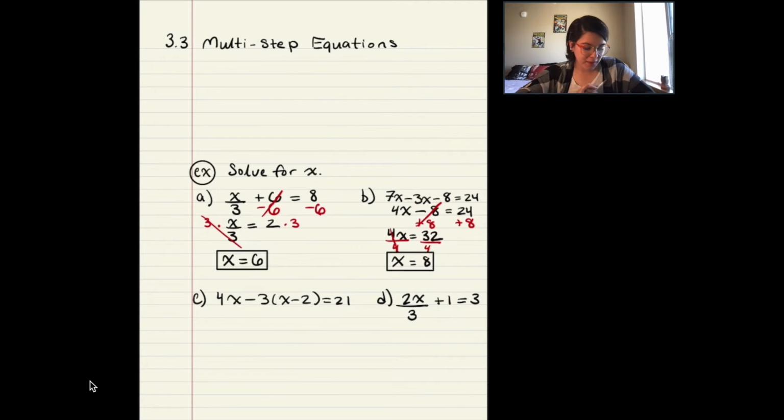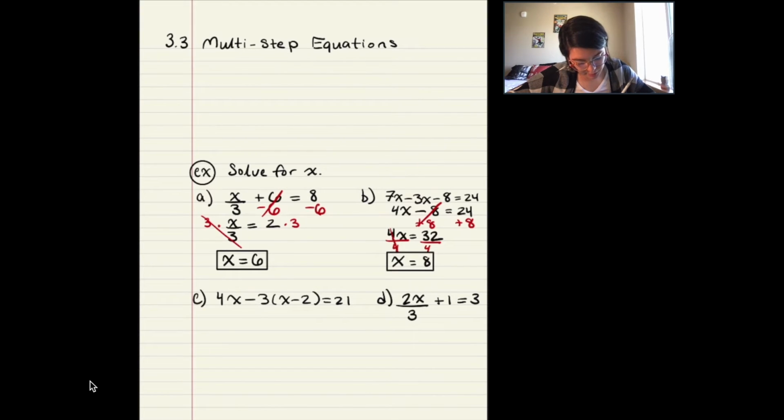For c, we have 4x minus 3 times x minus 2 is equal to 21. Now again, we have to do a little bit of simplifying with this one before we can start to solve for x. So we have a negative 3 being multiplied to these parentheses. So we have to distribute that 3 in.